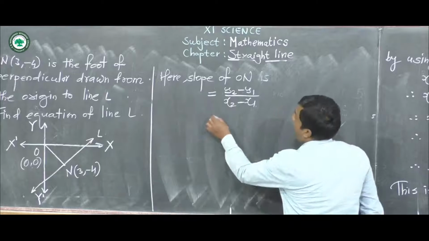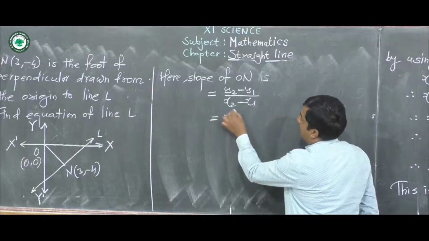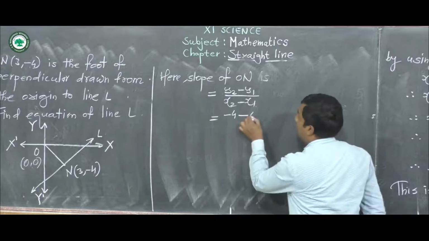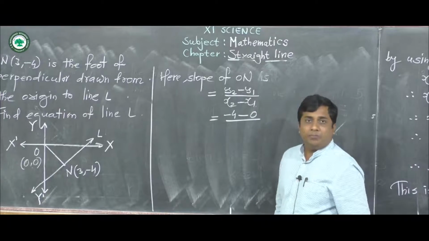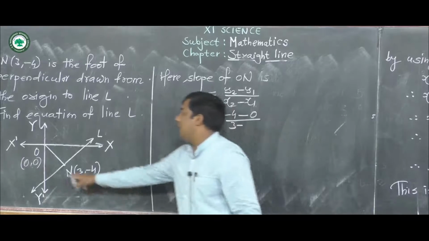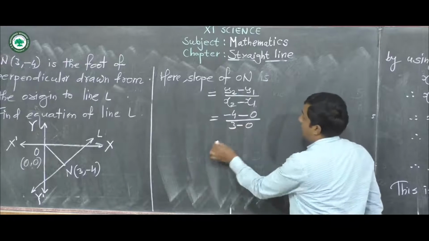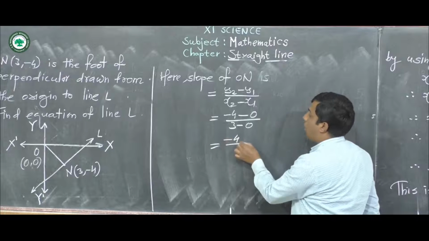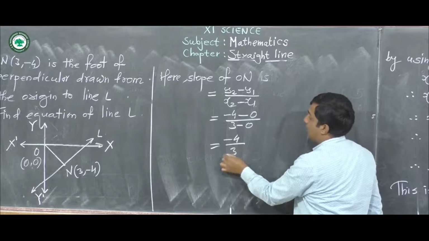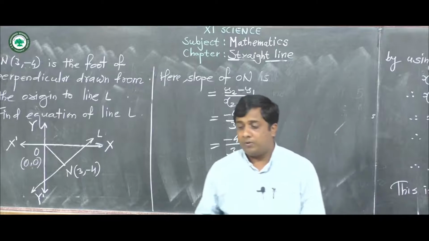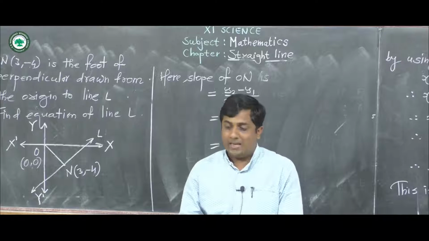So here we get y2 is minus 4 minus y1 is 0, divided by x2 is 3 minus x1 is 0. So this is equal to, we know minus 4 minus 0 is minus 4 and 3 minus 0 is 3. So minus 4 by 3 is the slope of the segment ON.